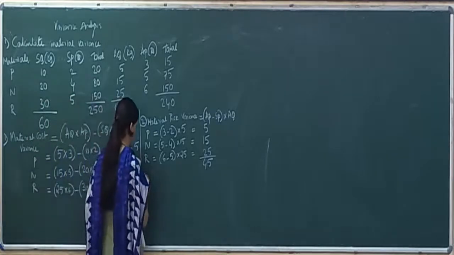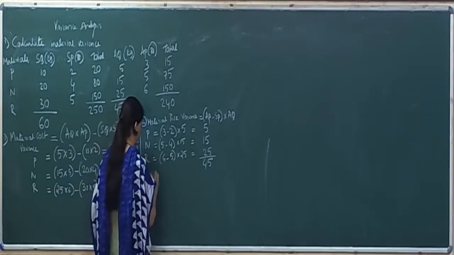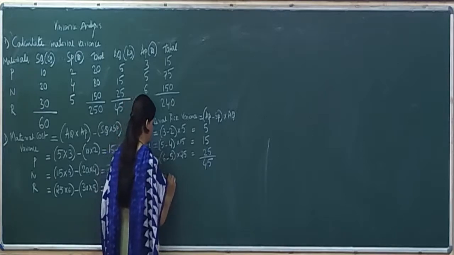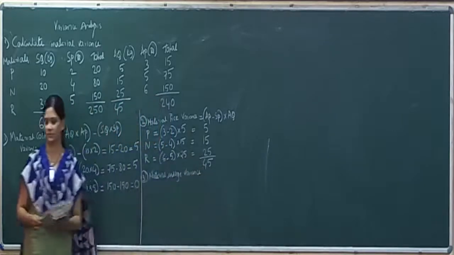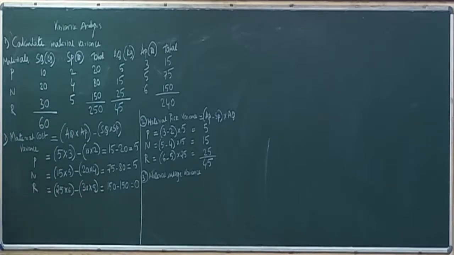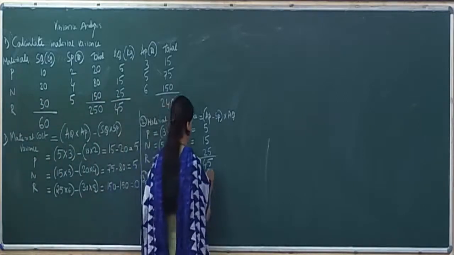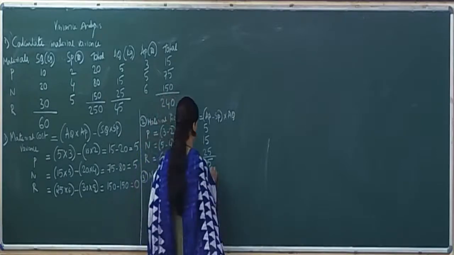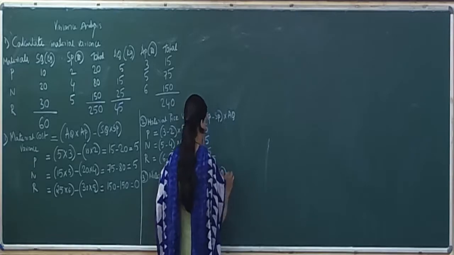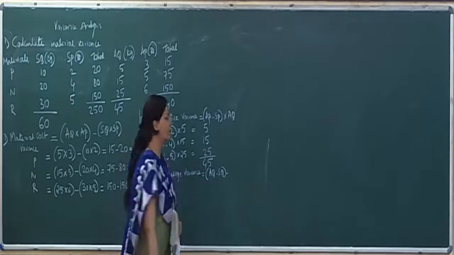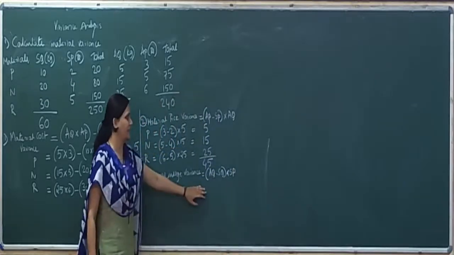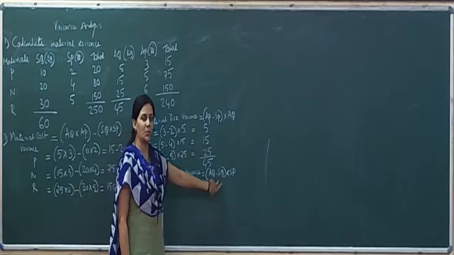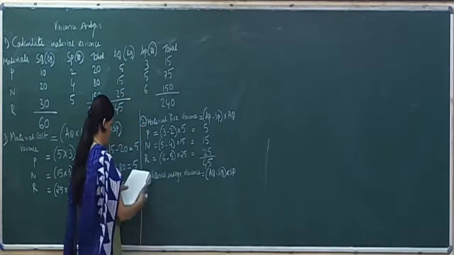Next we can find out material usage variance. The material usage variance formula is actual quantity minus standard quantity into standard price. So we can see actual quantity minus standard quantity into standard price, that is usage variance.